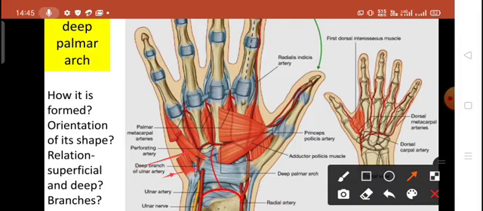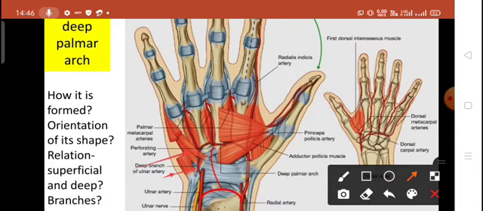That is the course of the radial artery. In the palm this artery lies deep to the flexor tendons, like the flexor digitorum superficialis and flexor digitorum profundus tendons. How is the deep palmar arch formed? It is formed by the radial artery anastomosing with the deep branch of the ulnar artery at the level of the base of the fifth metacarpal bone.